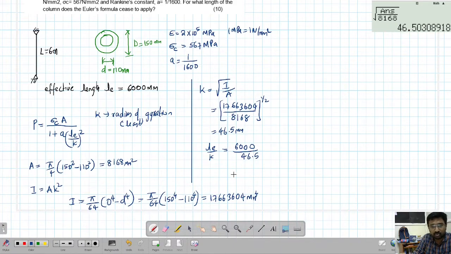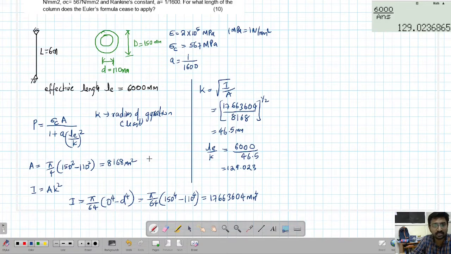So 6000 divided by 46.5 gives me 129.023. Okay, this is LE by K. So LE by K will be a unitless constant.